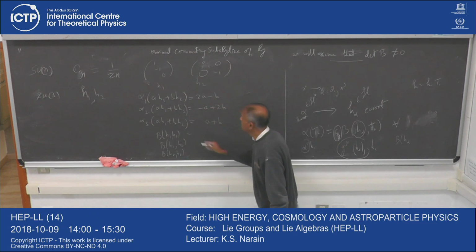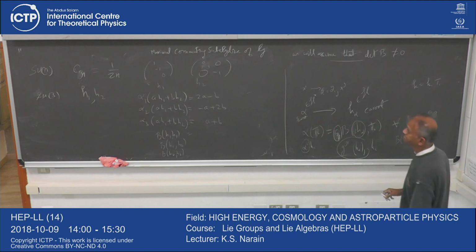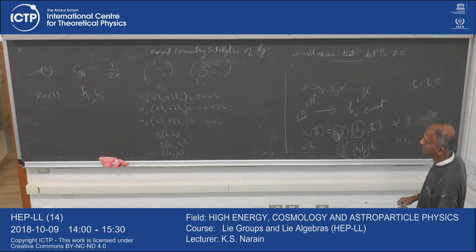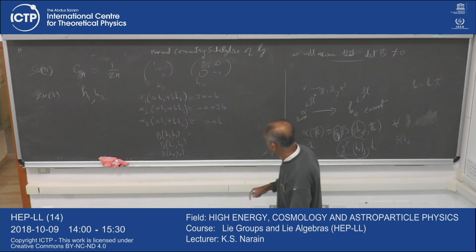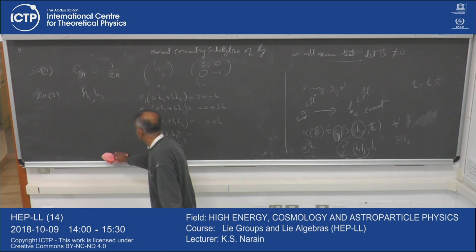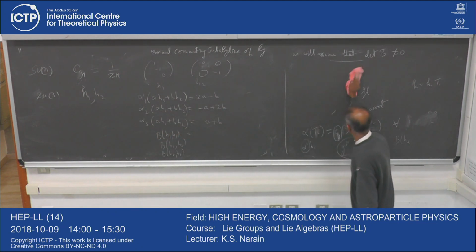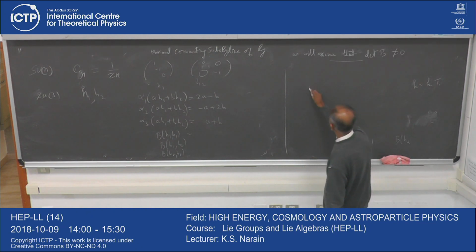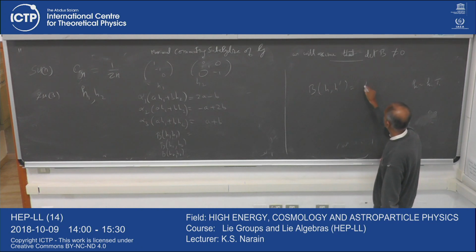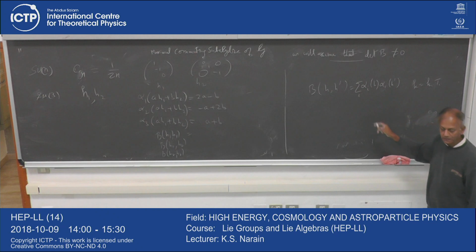So the formula from that exercise problem which you had was simply the sum over all roots: B of H and H prime, for arbitrary elements, was the sum over i of alpha i of H times alpha i of H prime. That was the formula.